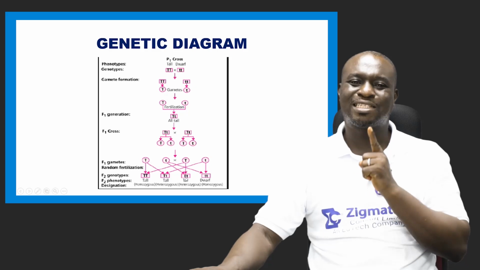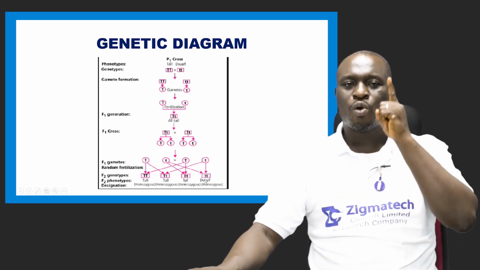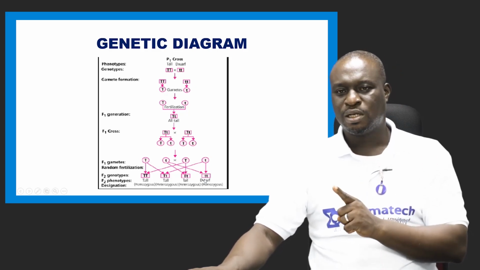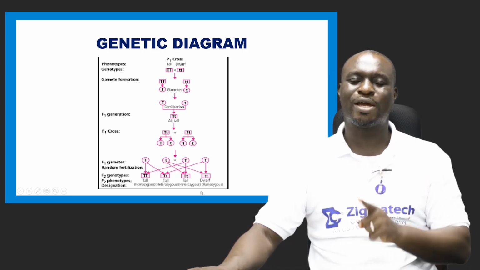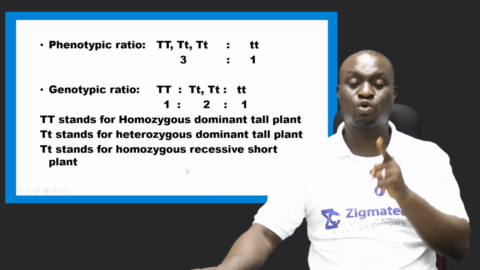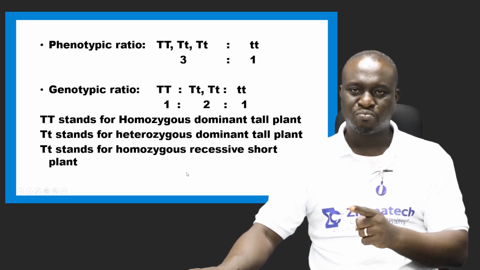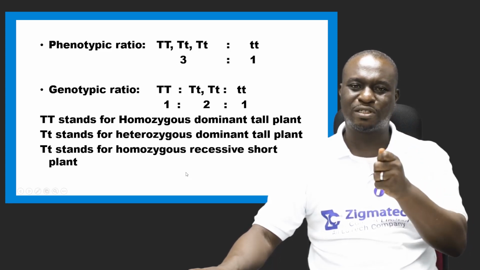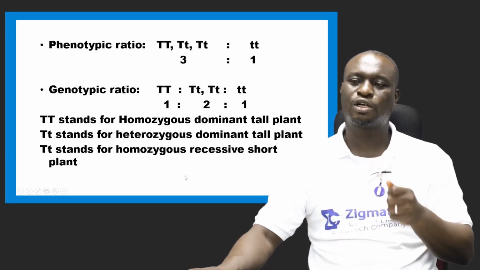We have 2 heterozygous dominant tall plants. And then we have 1 homozygous recessive short plant. And that's why we say the genotypic ratio is 1:2:1. But the phenotypic ratio is 3:1, because the big T, small t are representations of tall plants, while the small t is for what? Short plants.